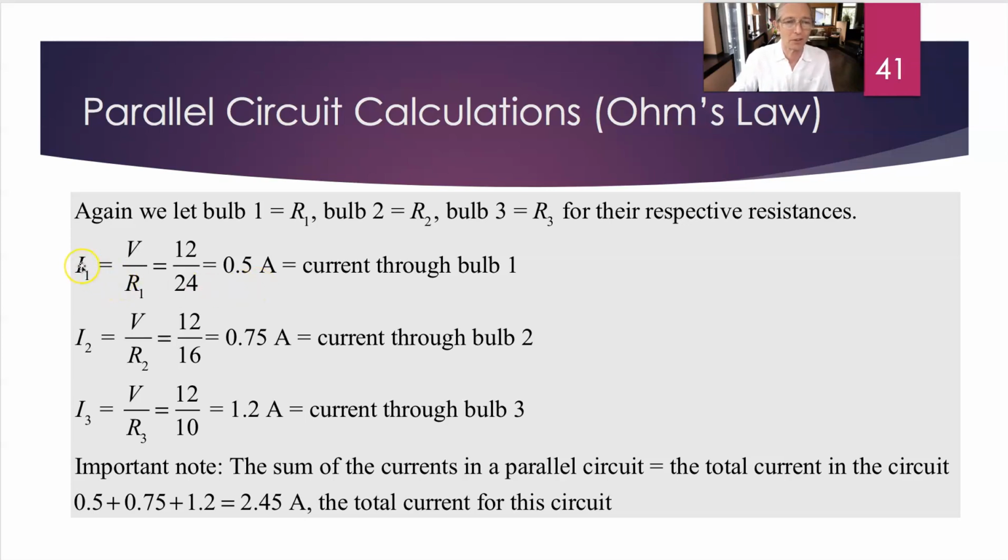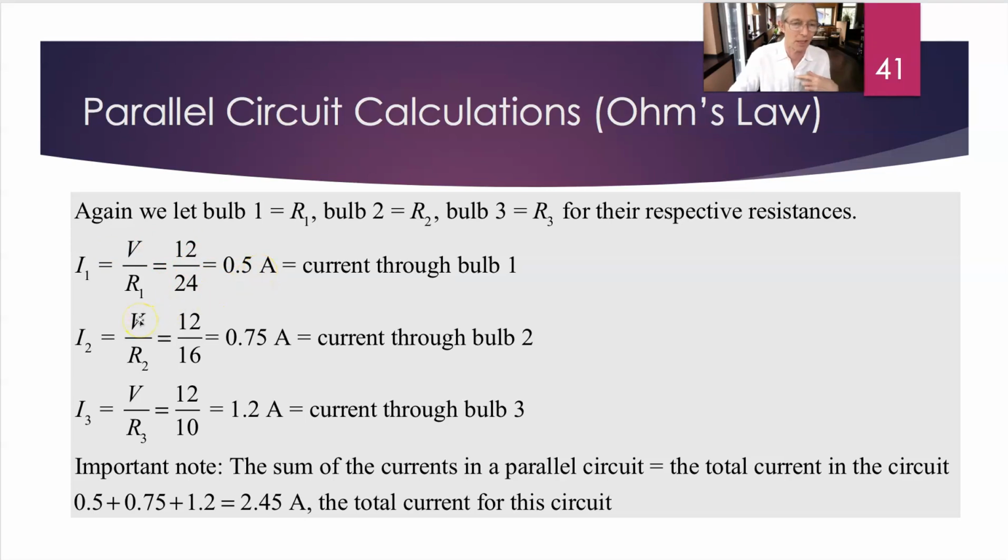We know from Ohm's law, I equals V over R, so I1 equals V, and V is always 12 for this particular circuit, over R1. The resistance for the first bulb is 24, so we get 12 over 24, which is 0.5 amps. That's the amount of current going through the first bulb.